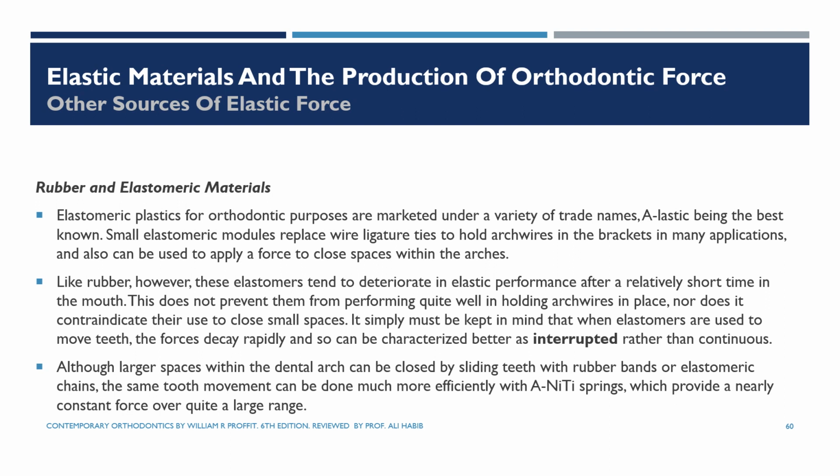But this doesn't mean that they're not good. We still use them, and it's not contraindicated to use them to close small spaces and as elastics to correct class 2. But we should characterize the force delivered by these elastics as interrupted rather than continuous, because they lose their elasticity in a shorter period of time.